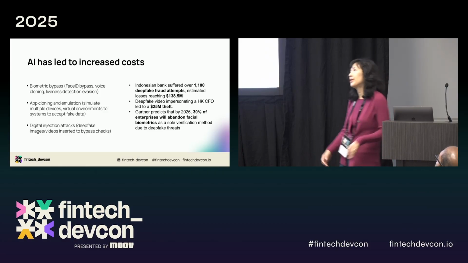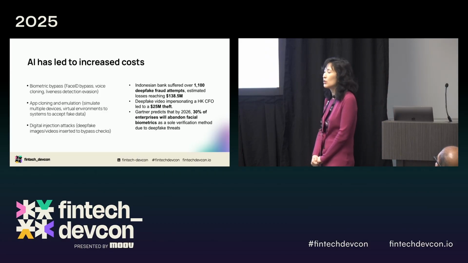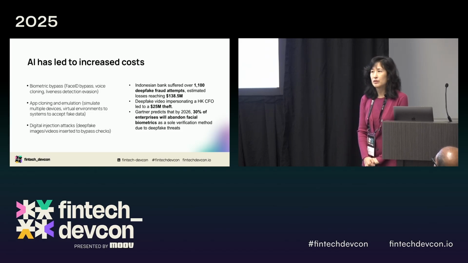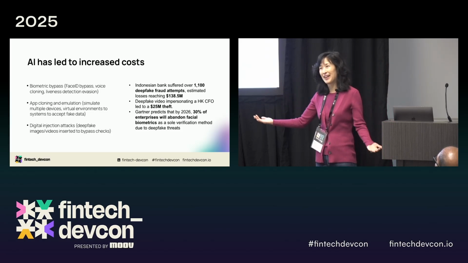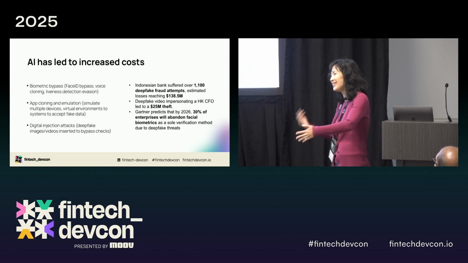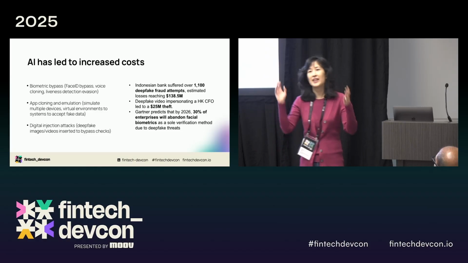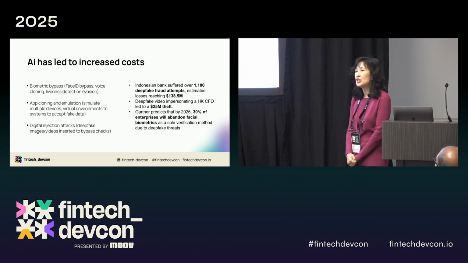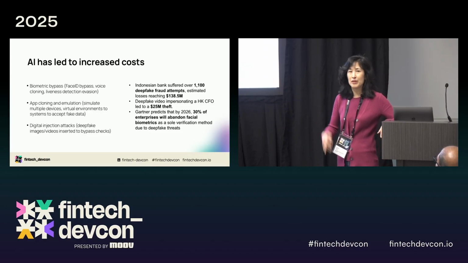And then there are the digital injection attacks. So this is where people, because they have all this information on the web, right, can have all these pictures of you and me and our family and everybody, and they can take those and de-age the images. I heard this from one of the banks I was working with.